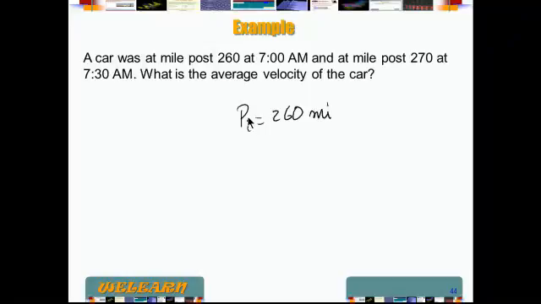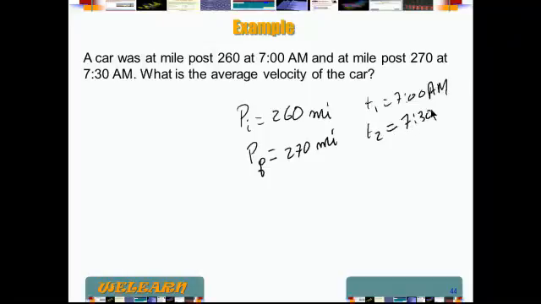That's my initial position at T1 at 7 a.m. P final is 270 miles relative to the border again at T2. That's 7:30 a.m.